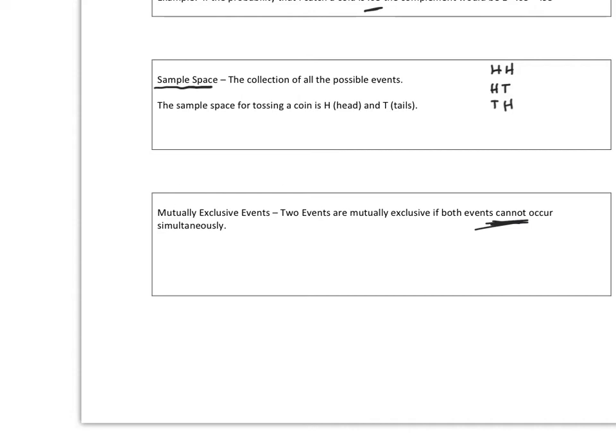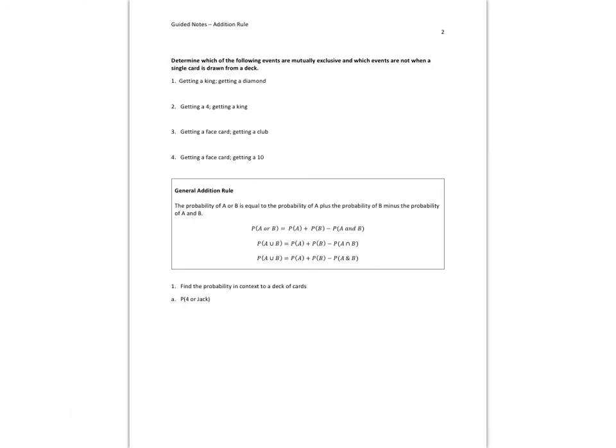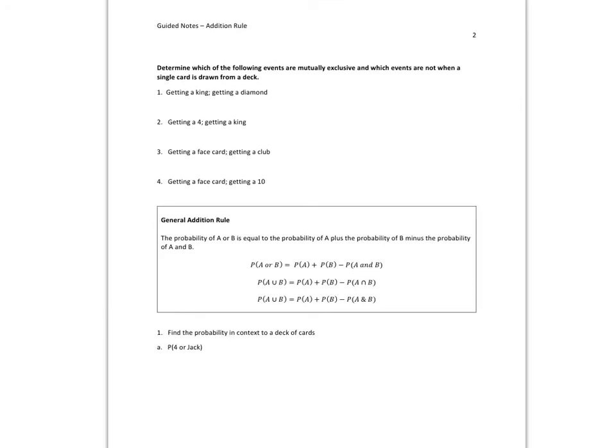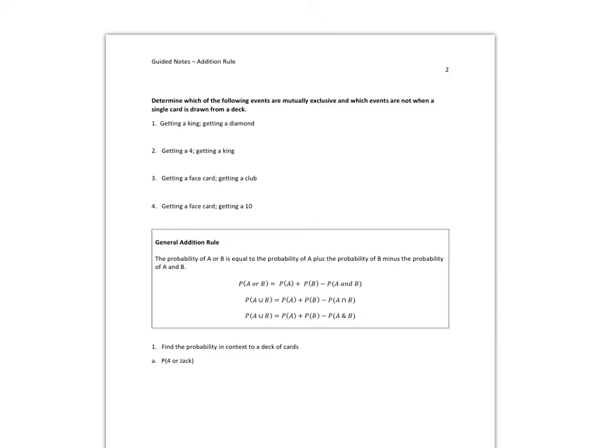So let's look at some probability formulas. In some textbooks, you'll see, no, we're not doing probability yet. We're doing examples of mutually exclusive events. All right, determine which of the following are mutually exclusive. I want you to draw one card out of a deck of cards.